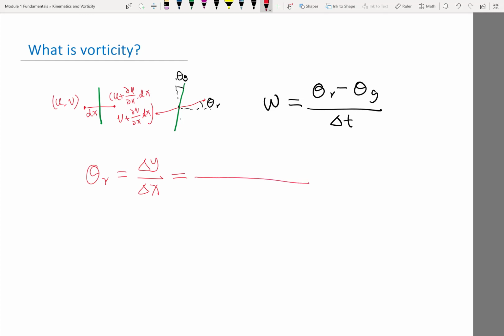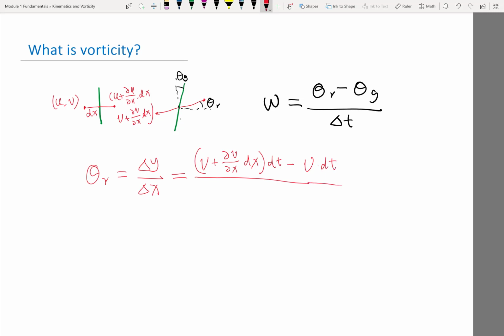So delta y is y at the right hand minus y at the left hand. And y at the right hand is equal to, let's say this is the origin, (0, 0), then after a while it is going to be v plus partial v partial x dx, and then the whole thing times dt, minus just the v times dt.